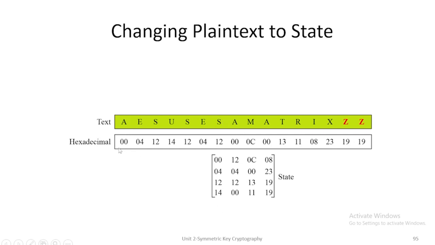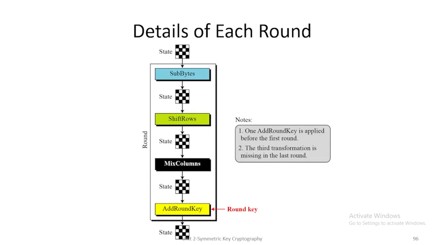In this state array, the first 4 letters are stored in the first column, the next 4 letters are stored in the second column. I am storing the values in column order. So this first state is your plain text value, stored in decimal format in column order.